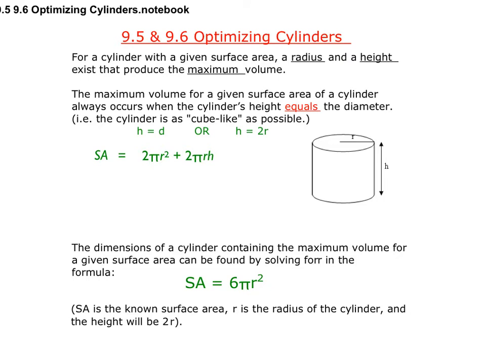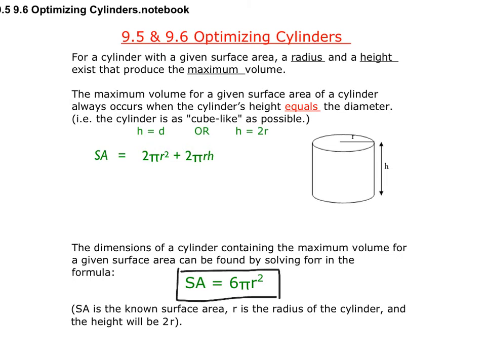Okay, know the difference. Your typical surface area formula here is 2 pi r squared plus 2 pi r h. But the dimensions of a cylinder containing the maximum volume for a given surface area can be solved for in the formula surface area equals 6 pi r squared. So this is the formula we would actually be using for surface area.